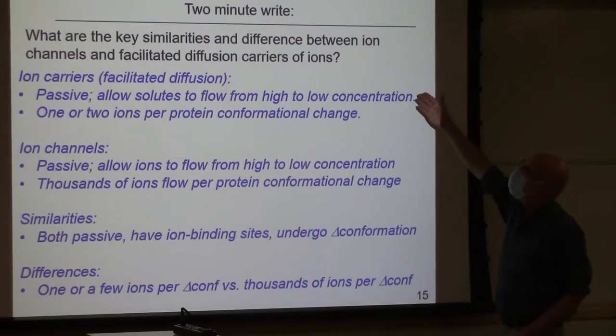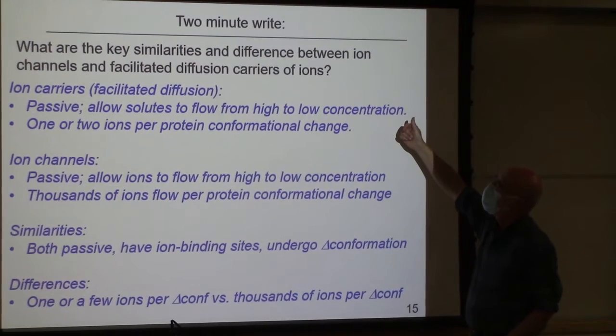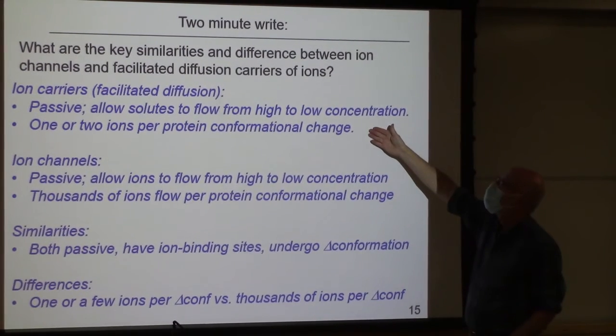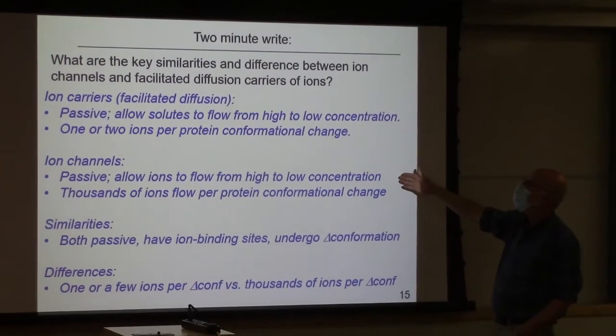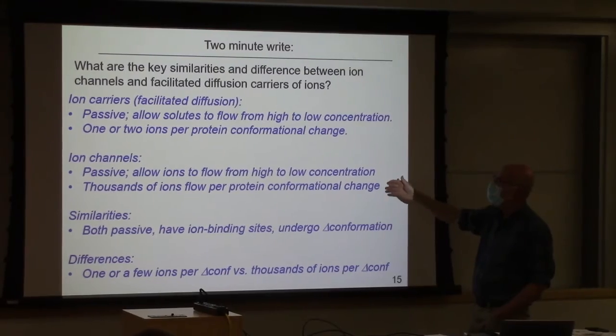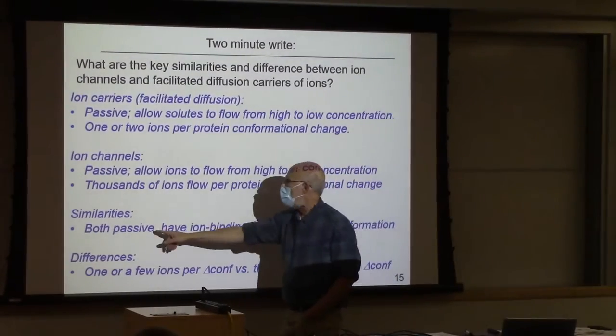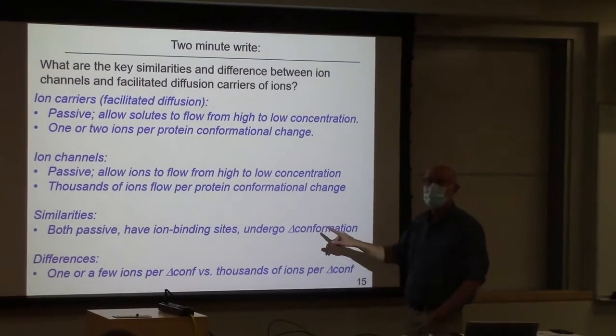So we got the idea of passive, high to low concentration; ion carriers, one to two ions per conformational change, we got that. Ion channels are passive, hundreds or thousands per conformational change, we got that. Similarities: both passive, binding sites, conformational changes, selectivity.